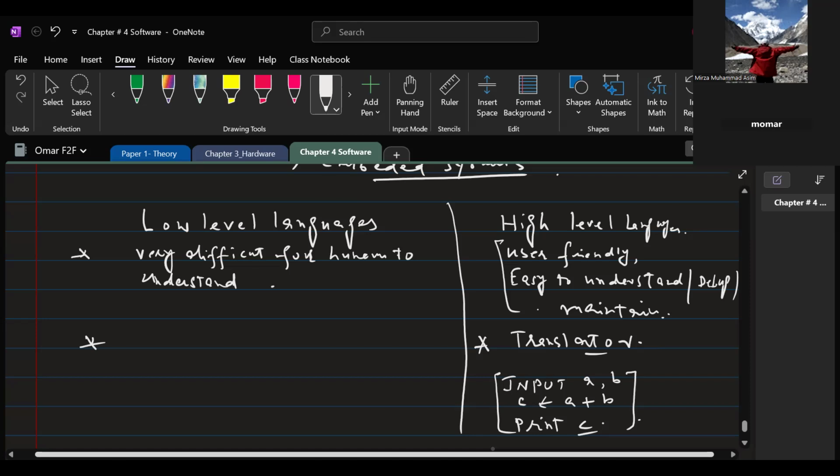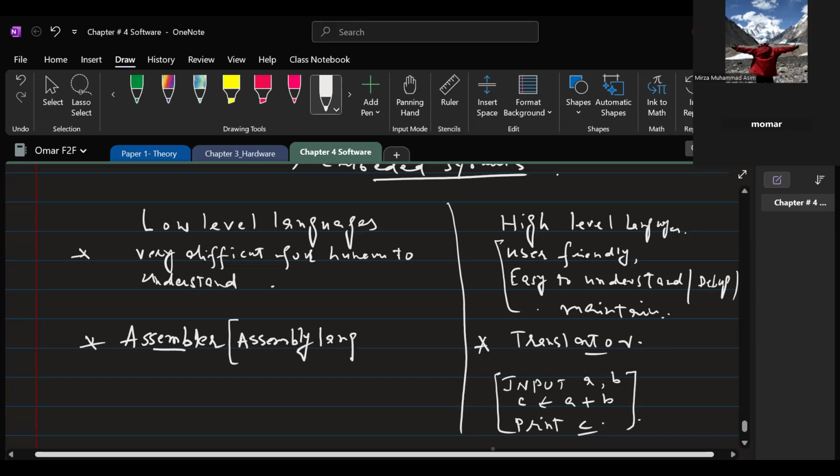Are you clear? Okay. Whereas in assembly language, it requires an assembler. Remember that an assembler is a translator that can only be used in assembly language.